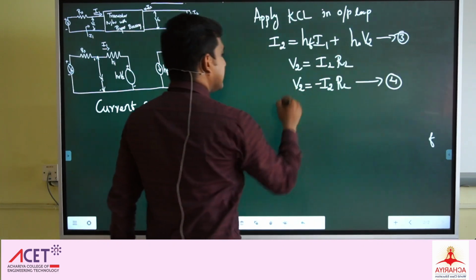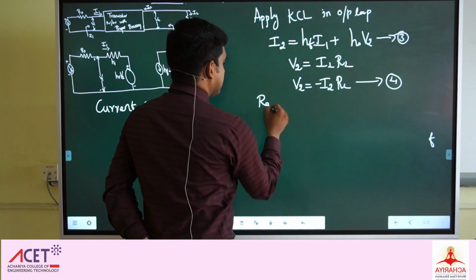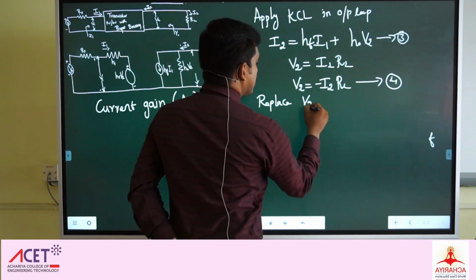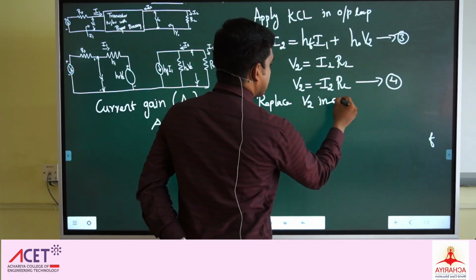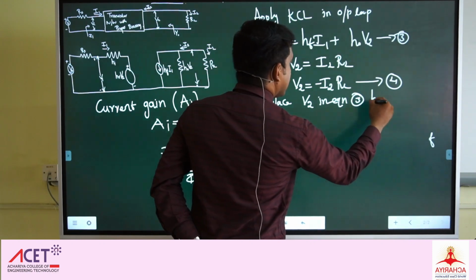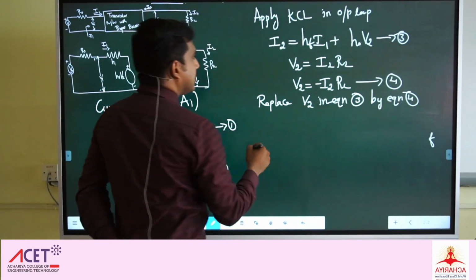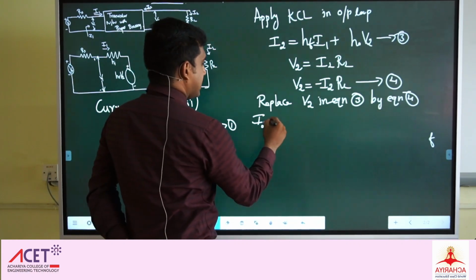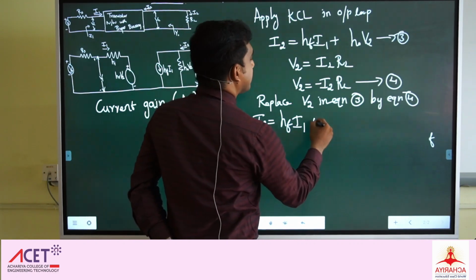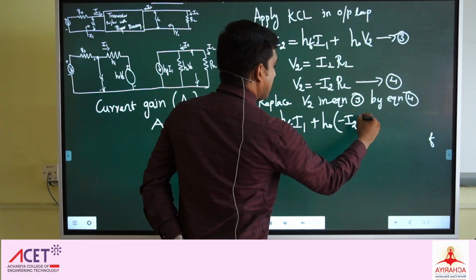Now we can replace this V2 in equation 3 by equation 4. I2 becomes I2 is equal to HF I1 plus H0 into minus I2 RL.